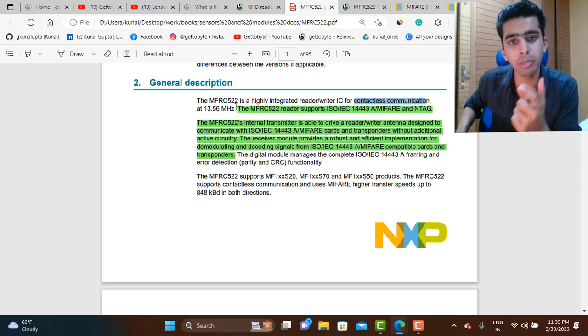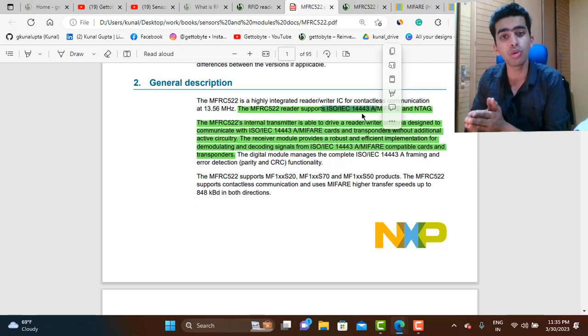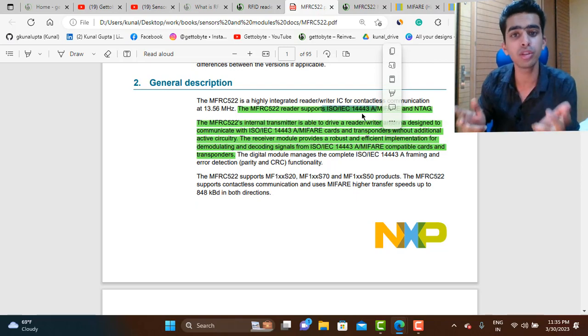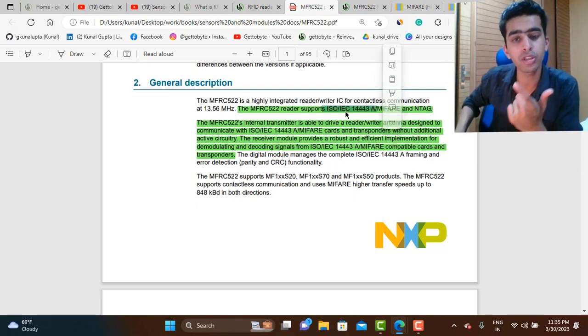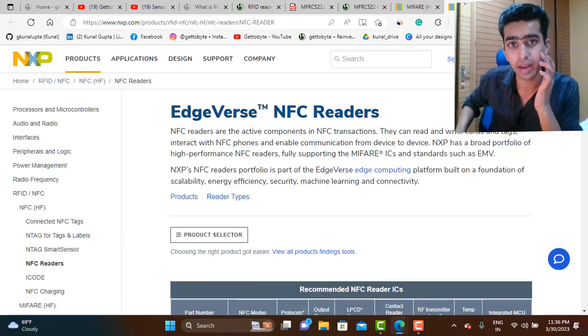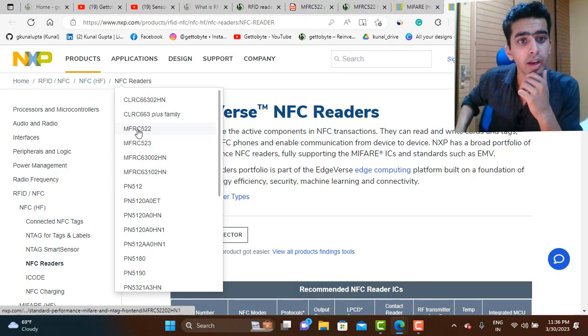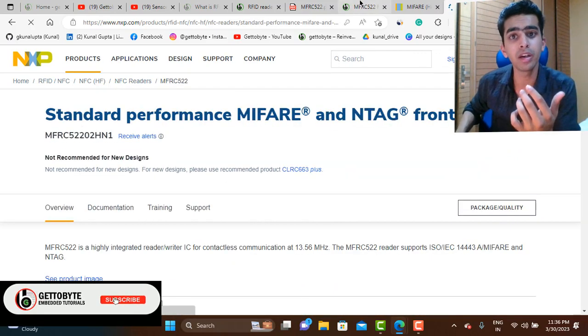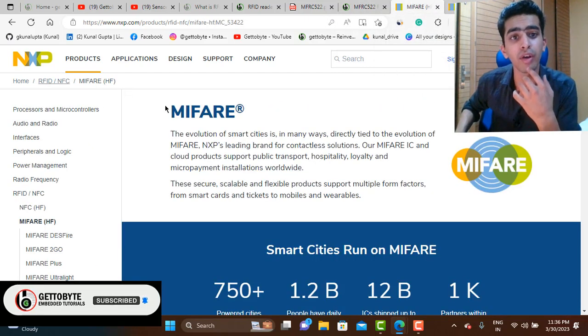Now what does this statement mean? ISO14443 is a standard, a kind of RFID protocol, by which RFID readers and RFID tags communicate with each other. So MFRC522 supports that protocol and MIFARE and NTAG. As I have told, MFRC522 is designed and manufactured by NXP Semiconductors, and NXP not only manufactures the RFID readers, it also designs the RFID tags.